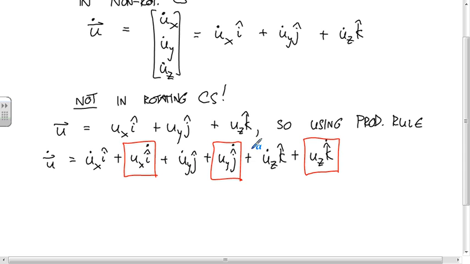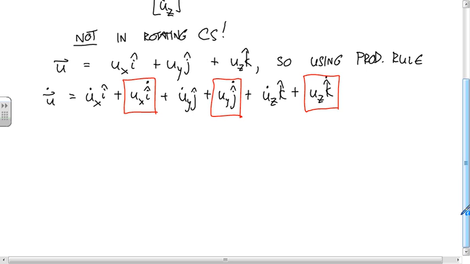So the time derivatives are 0. And all we're left with are the components dotted, and that's what you see up here. In a rotating coordinate system, these are not zero. They are something. And that is because over time, the orientations of these axes are changing.